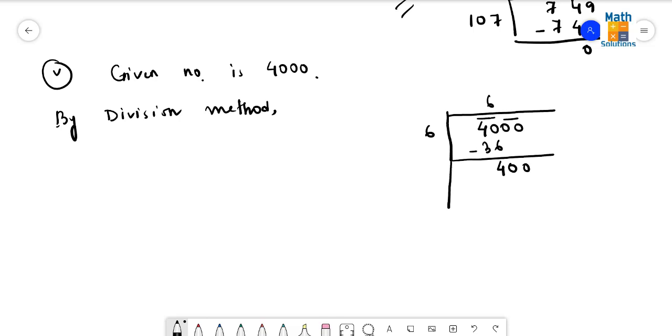So after subtraction, we have to make it double, 12, and we have to get a number which is smaller than 400 but nearest to 400. So here if I put 3 here, by putting 3 I shall get 9, then 36, 369. On subtraction, what would we get? Is it 31?